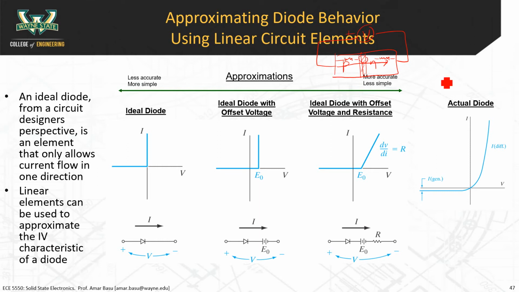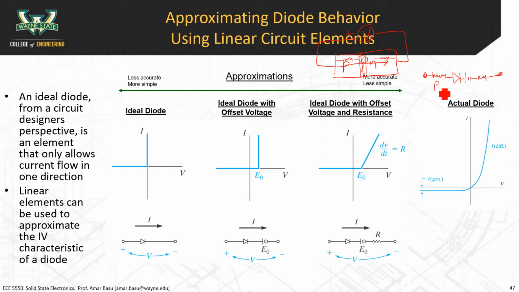So I'm just going to redraw the equivalent circuit here. You're going to have a resistance. This is due to the neutral region in the P-type material. Then you'll have the depletion region, which can be modeled as a voltage source and an ideal diode. And then you'll have another resistor here.